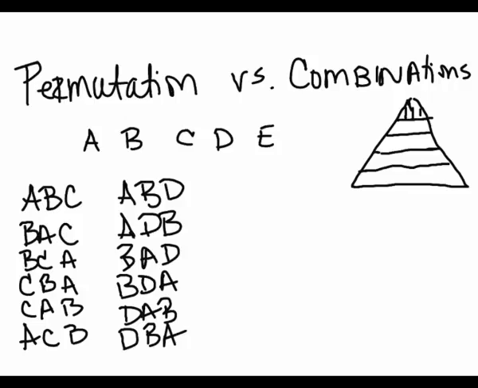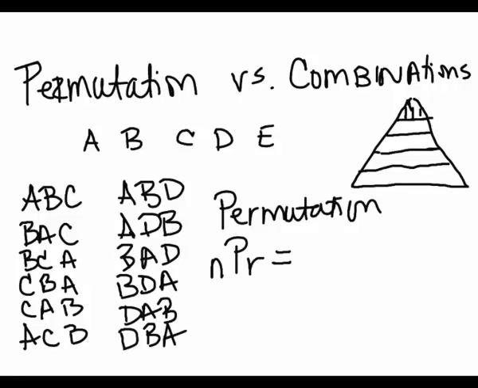Okay, so now let me give you the formulas. If you know for sure that it's a permutation, then we denote it with nPr, which equals n factorial over n minus r factorial.